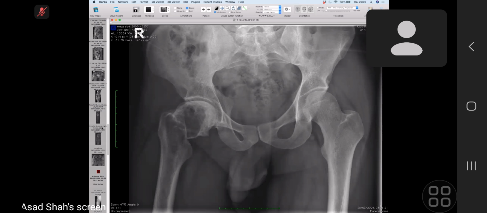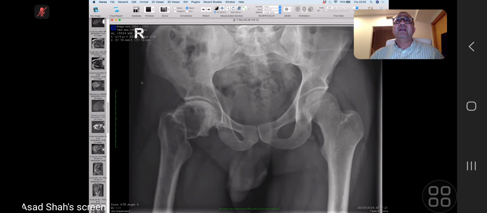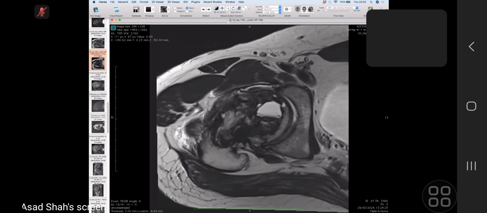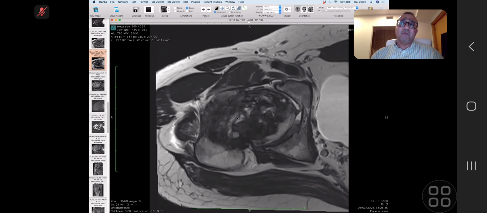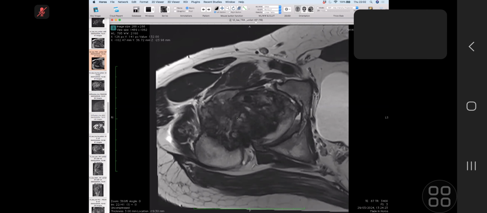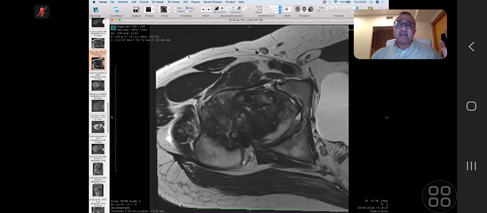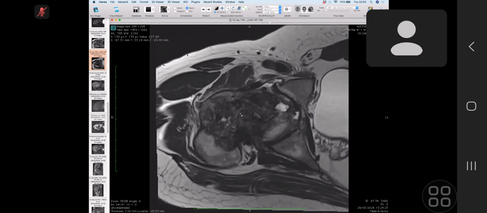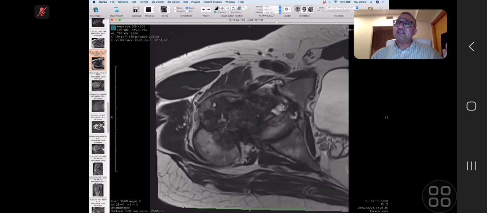Go back to the T2. T2 hypointense obviously makes you think about hemosiderin, in GCT it could be fibrous, it could be some bone formation there, which we are not able to say on this. We're not seeing much cloudy matrix like osteoid matrix on X-ray, but sometimes you can have a little bit of bone which you can't see on X-ray. The other thing is there is some cystic change there as well.